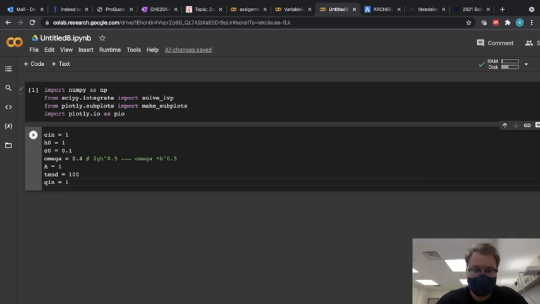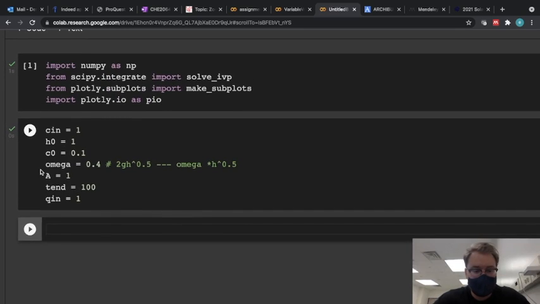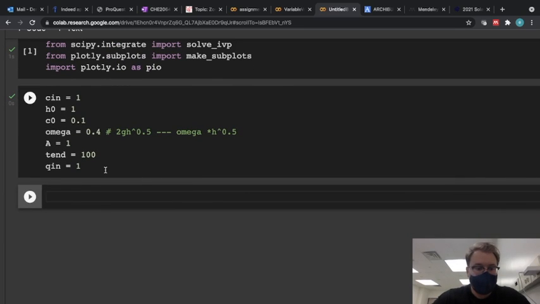So I've set up my variables, and now I can start solving my problem. I'm going to start by defining the right-hand side of my equation with the x being time, and my two y components being concentration and height.